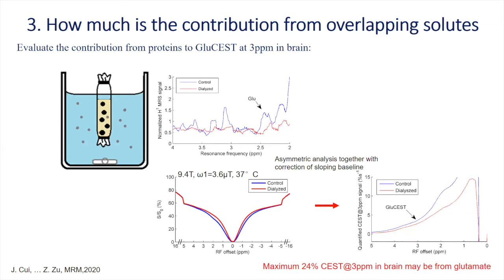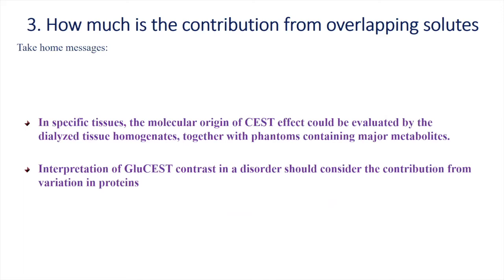Also, there are some restricted metabolites that cannot be dialysed out, but their concentration is low. So our method can provide a rough estimation of the relative contributions from proteins and from the metabolites. Okay, so take-home messages.